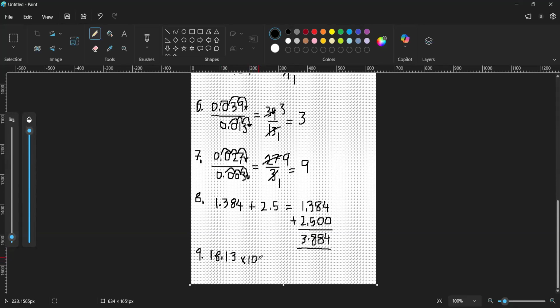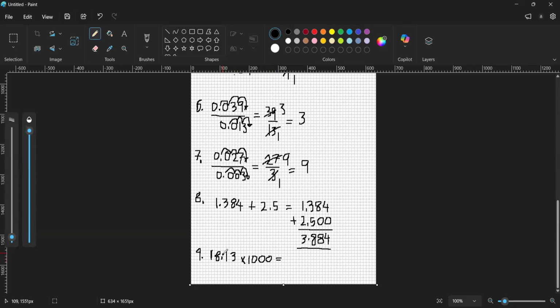How many zeros do we have in the power of 10? We have 1,000, so the decimal jumps would be 3 times, and they would be to the right-hand side. Always remember, whenever the number of jumps exceeds the number of decimal places, you have to put a 0 behind it.